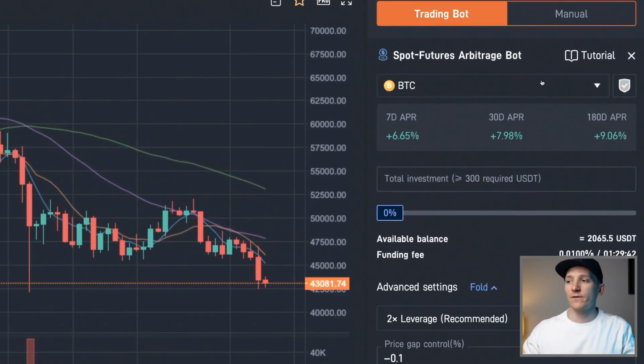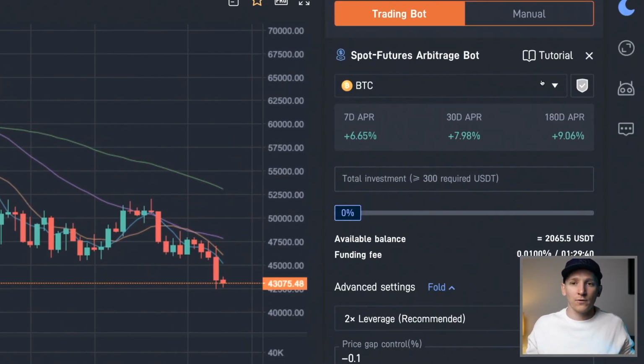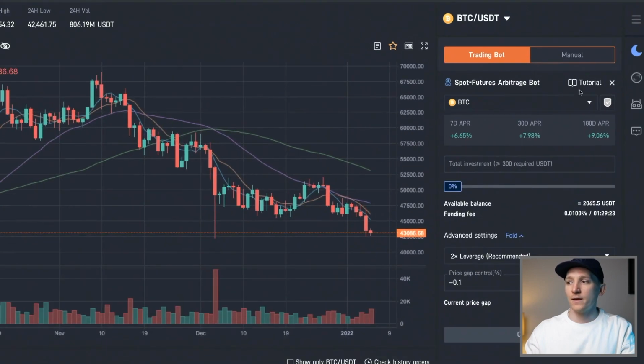We can see very simply on Pinex, and you don't have to use Pinex, I'm sure there are other providers out there, but for Bitcoin the 180-day APR is 9%. So just with a market neutral strategy, not going long, not going short, this arbitrage bot is yielding 10% a year from taking that funding from the longs.